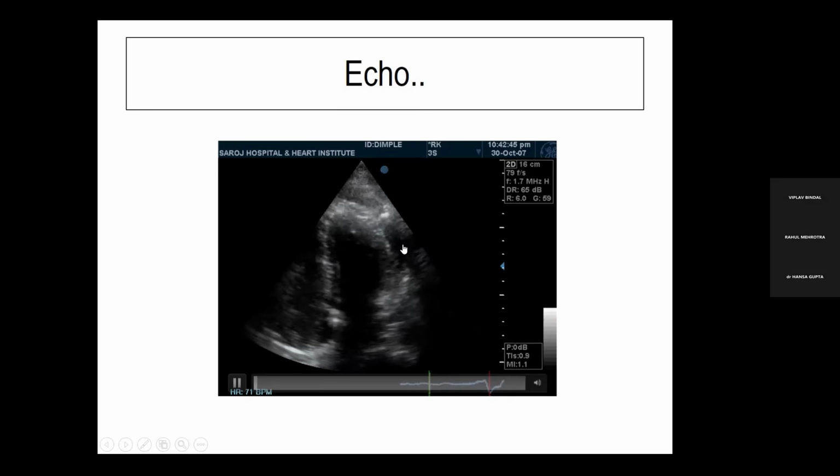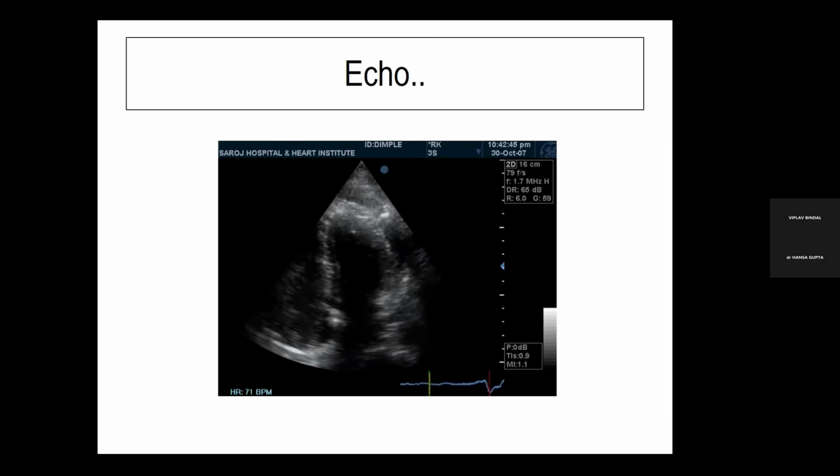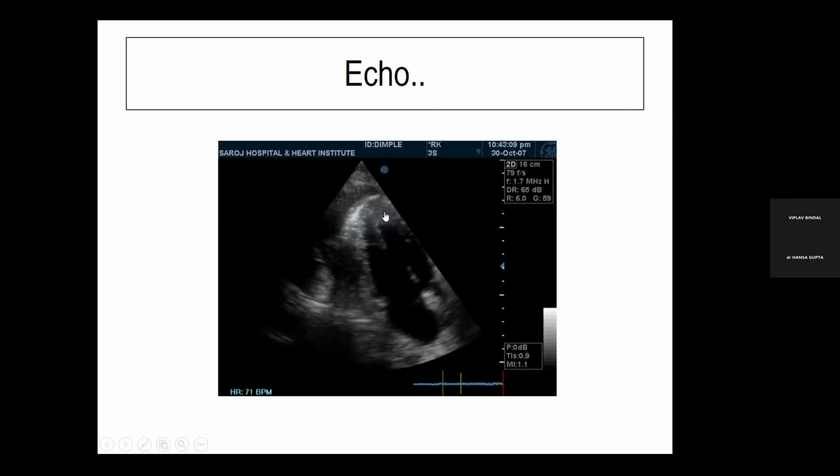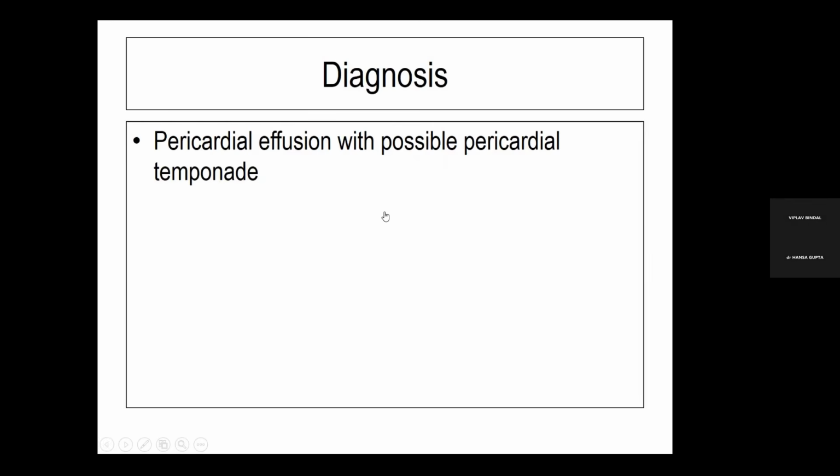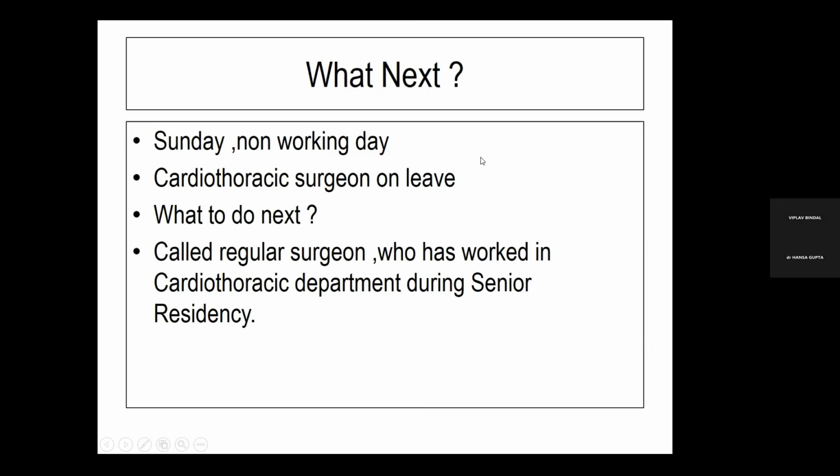So we were sure that there is some rent on the right-hand side of the heart. This contrast saline gave a very perfect idea of what we were dealing with. Now the cardiothoracic surgeon opened the chest, and he could see a pericardial effusion with possible pericardial tamponade. That was our diagnosis that Sunday midnight.